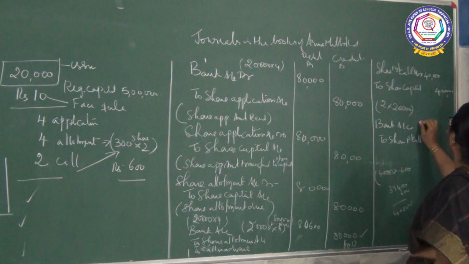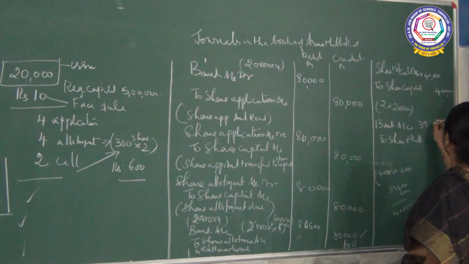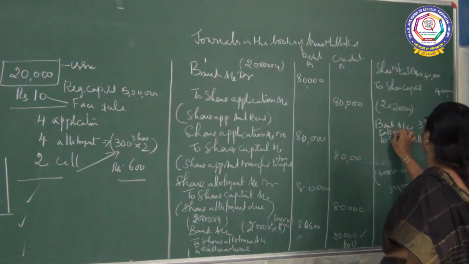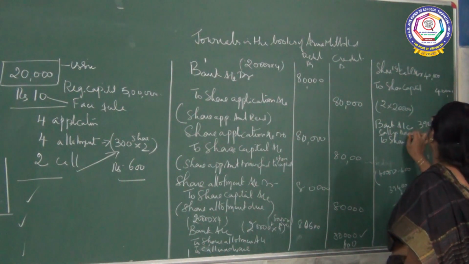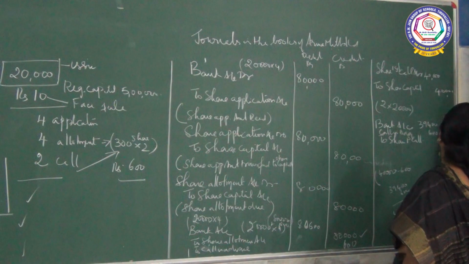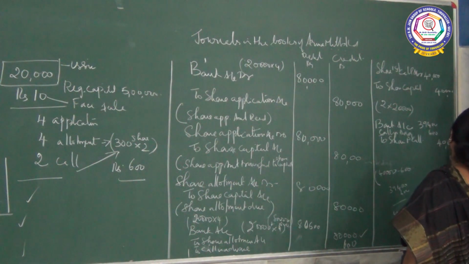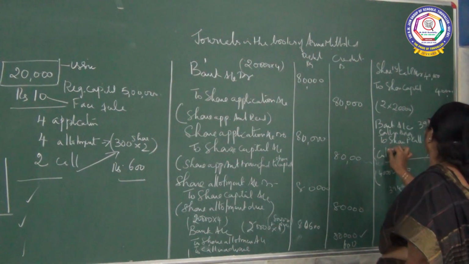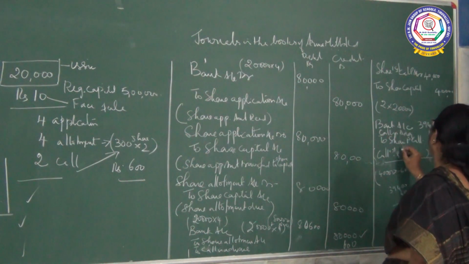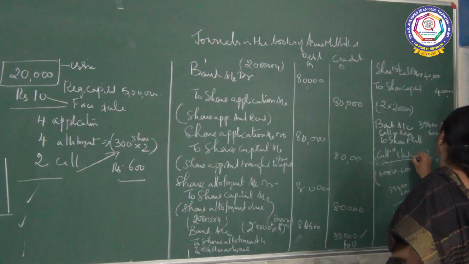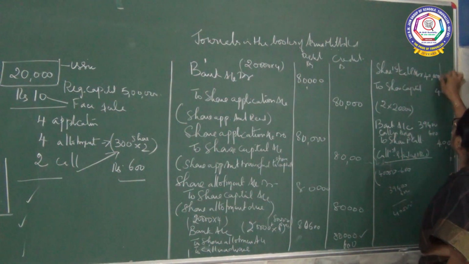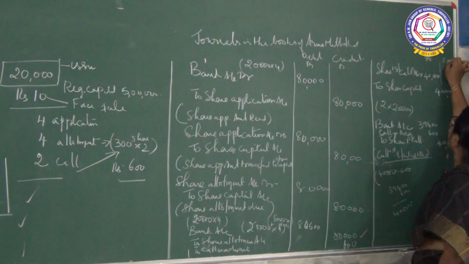So only 39,400 will go into the bank. The balance is what? Call in advance, that is 600 rupees. So totally 40,000. Fine. Being first and final call amount received. Fine. So this is your debit, this is your credit.